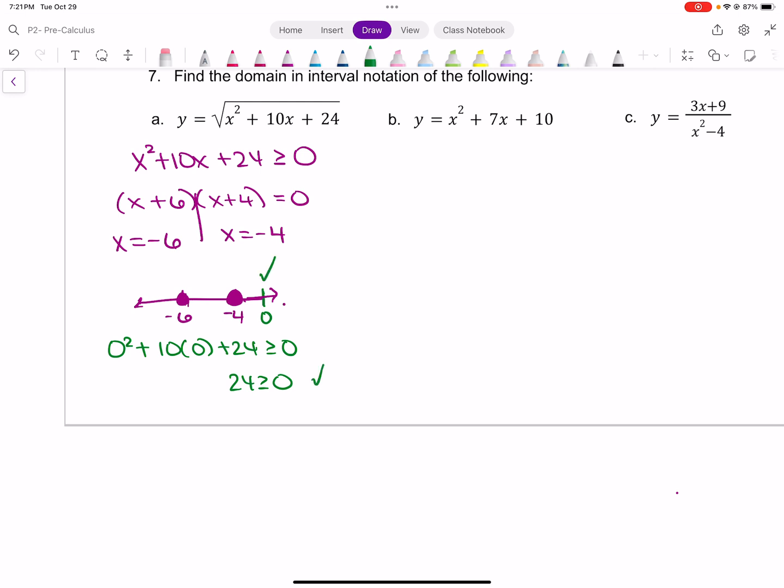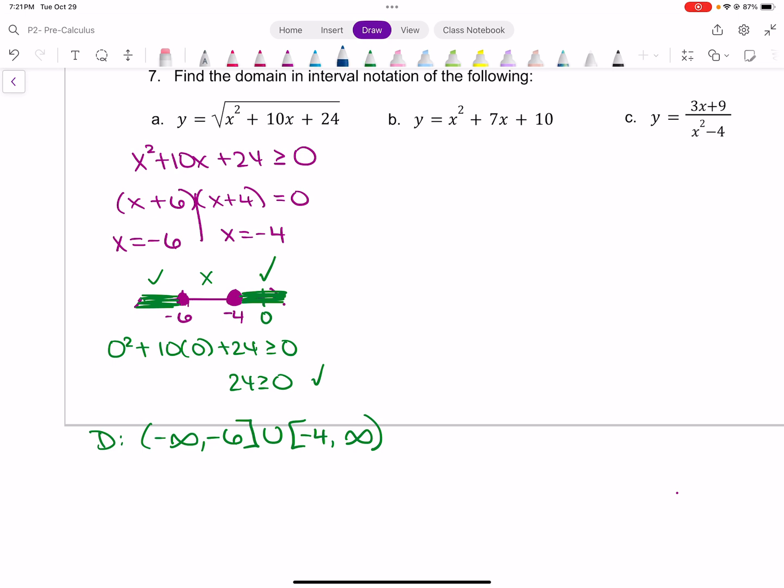So I like that side, which means I'm going to like the other side, and I don't like the middle. So I am shading the outsides. So in interval notation, my domain is -infinity to -6, and again, from -4 to +infinity.